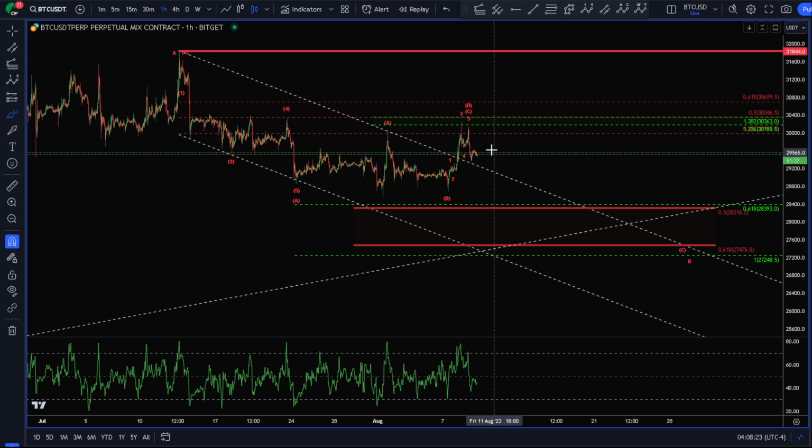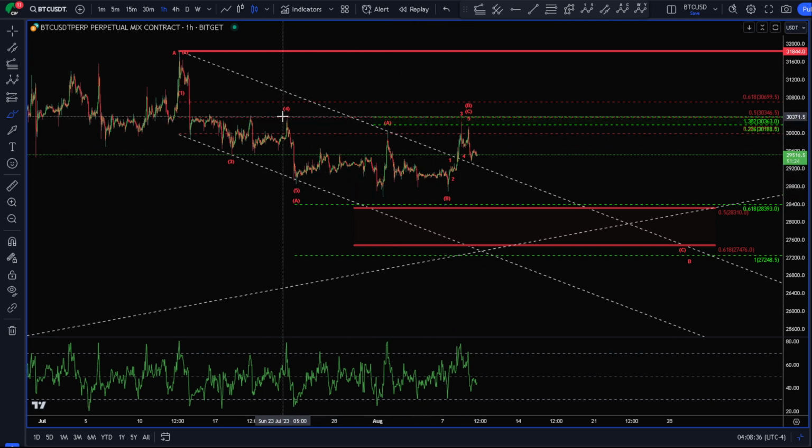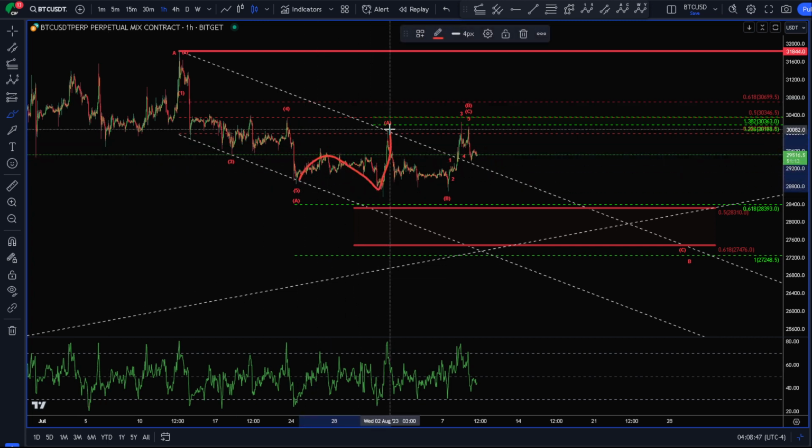Now the big reason why I don't believe we had a bottom in here, so you can see down here, is because of this wave right here. It doesn't count as a 5-wave to me unless you have an expanded ending diagonal, which doesn't really make sense on this count. The most obvious one is an ABC up for a W, and then we have a 3-wave move for a Y. Let me just correct that.